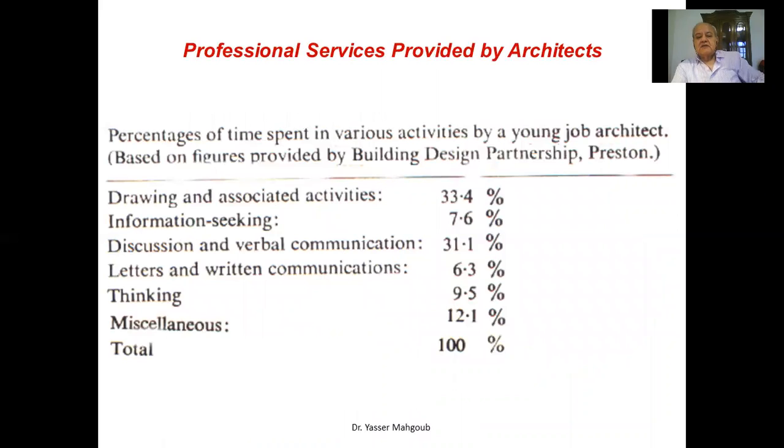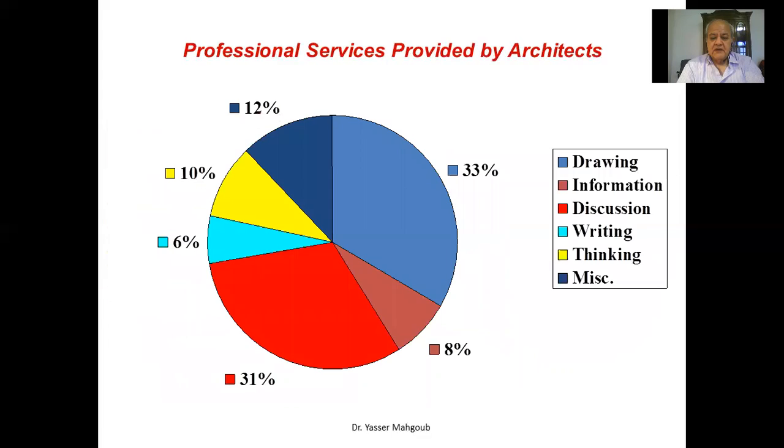So if you look at what architects do in the office, they work on drawings, they look for information, they are in meetings, discussions and verbal communication. They send and receive letters, they think sometimes, they do other things. So the time of the architect is divided between different activities.